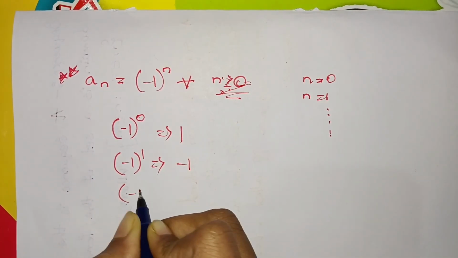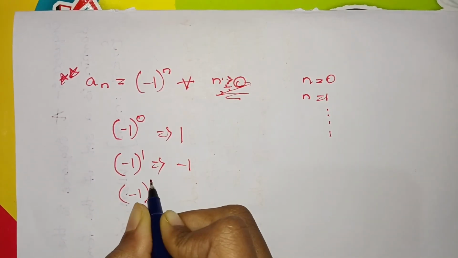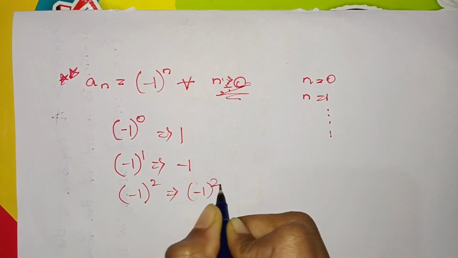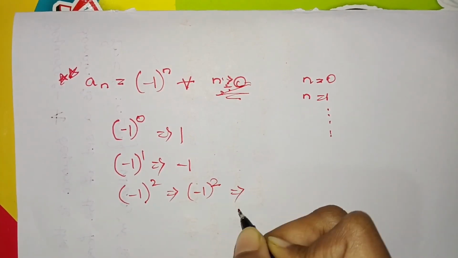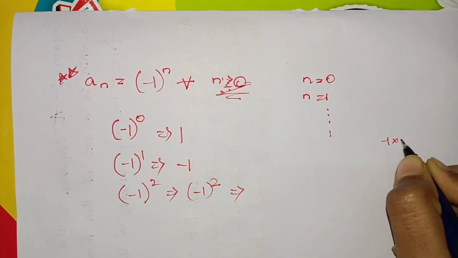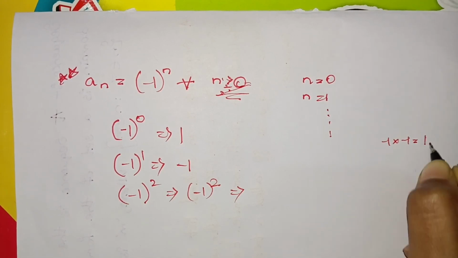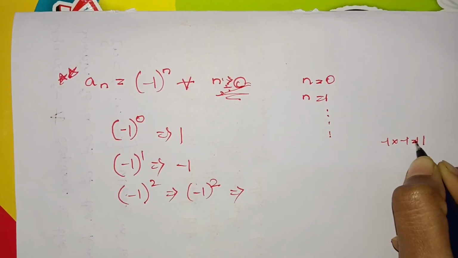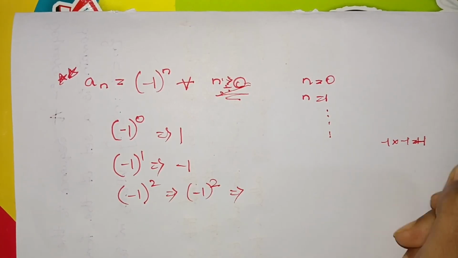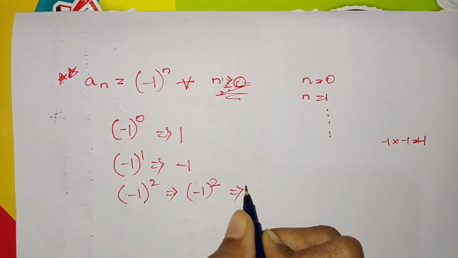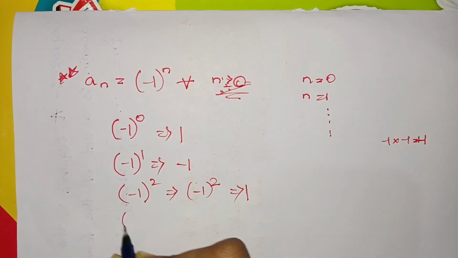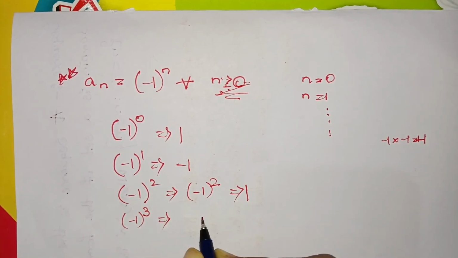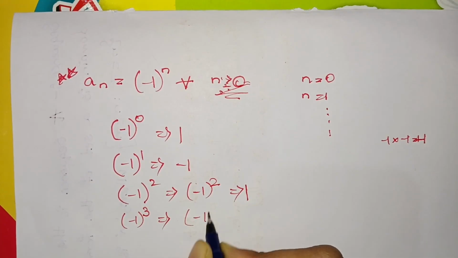And if n is 2, so minus 1 whole square, which means minus 1 into minus 1, which is equal to 1, because minus into minus is plus. Okay, so the answer is positive 1. And if we substitute 3 in the place of n, the answer will be minus 1 only.